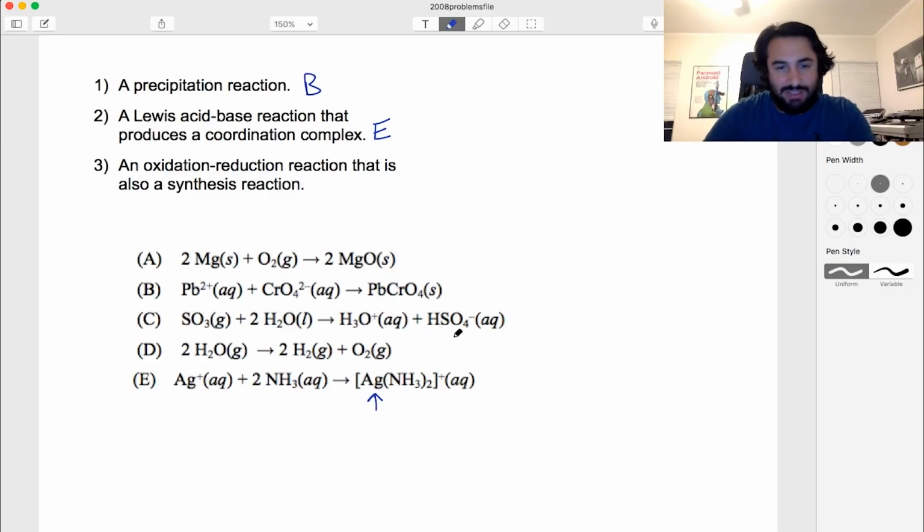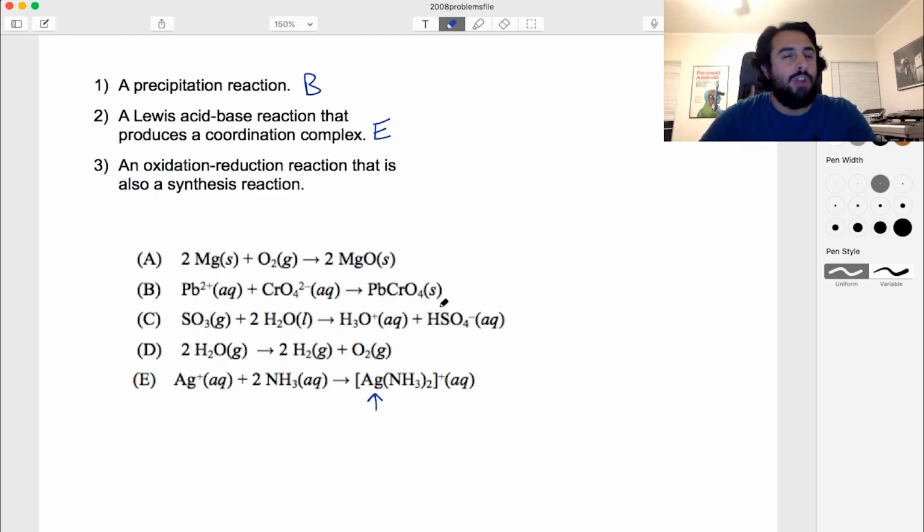So C does not work. D does not work. E is two things becoming one thing, but this is not redox, right? There's no change in charge. We've got ammonia ligands; they just coordinate. So that's not redox.